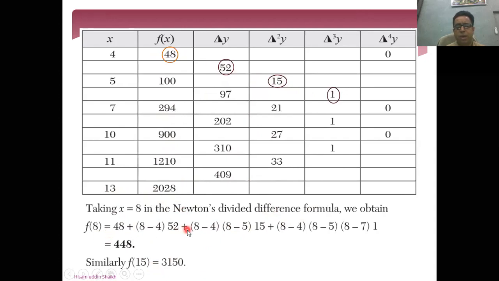Just change 15 in place of 8 in the formula. All values are the same. The result for 15 is 3150. If you check, the value at 13 is 2028 and 15 is out of the data, so the functional value at 15 is more than at 13. That is the Newton divided difference method formulation.